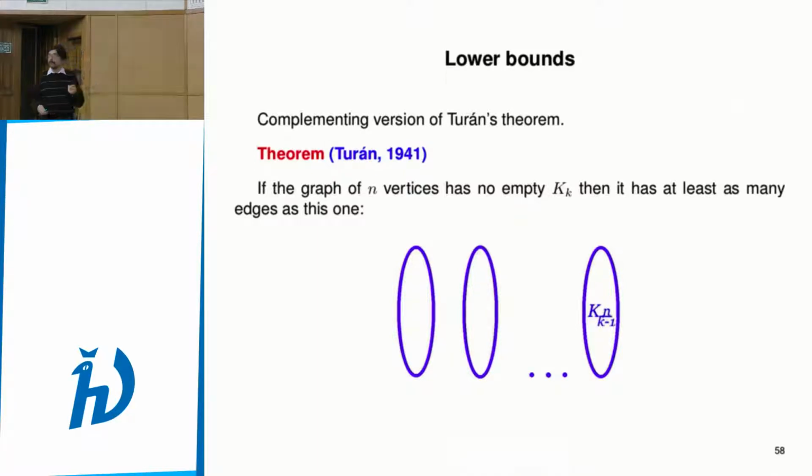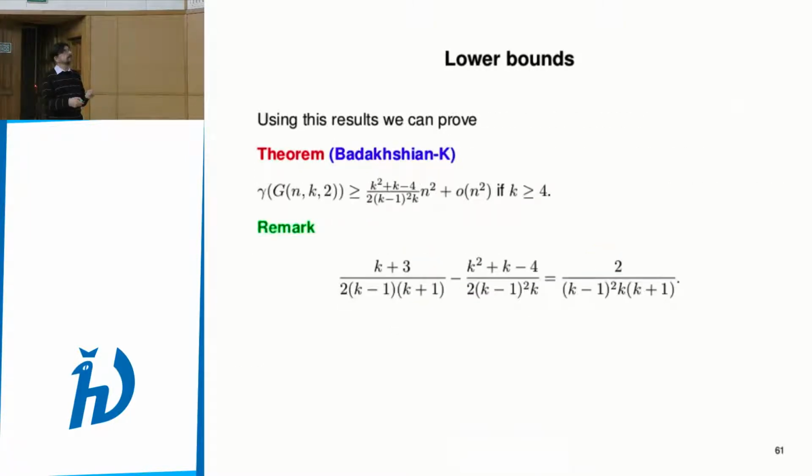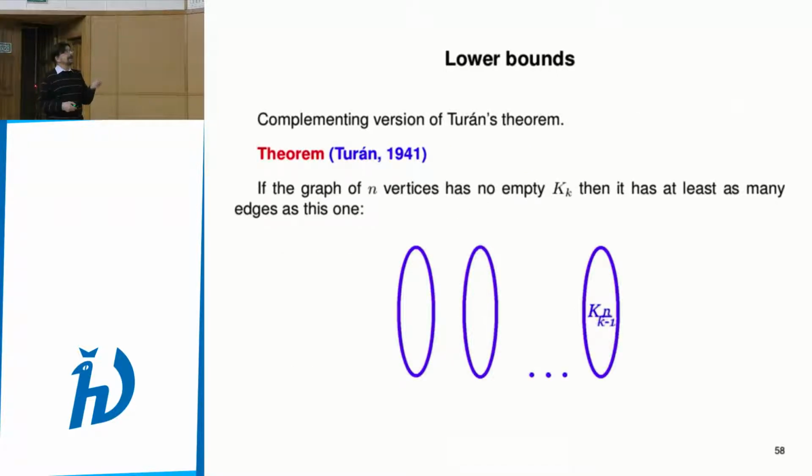I hope most of you know Turan's theorem, but this is the complementing one, which means that if in a graph there are no k vertices with no edge between them, so an empty k set, then it must have at least that many edges as this graph has.